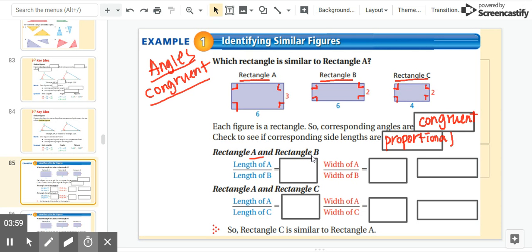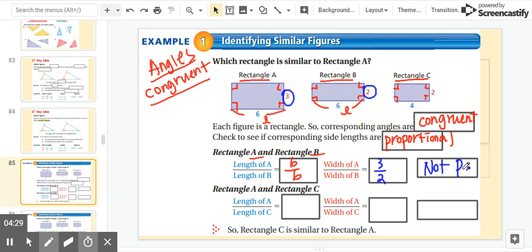So rectangle A and rectangle B, length of A and B. This is a length and this is a length. So length A to B is 6 over 6. Width of A is 3, and width of B is 2. Do you think 6 to 6 and 3 to 2 is proportional?